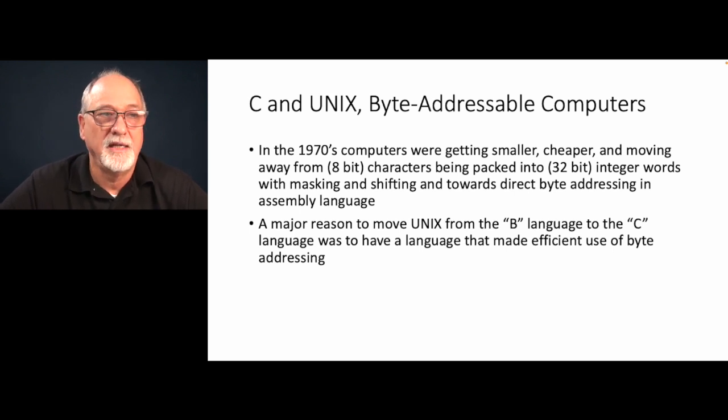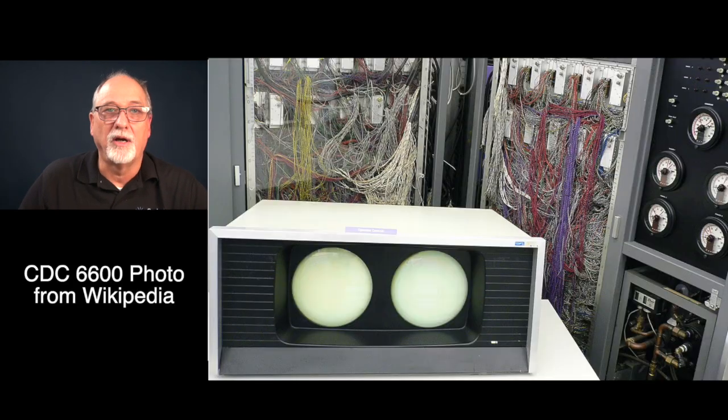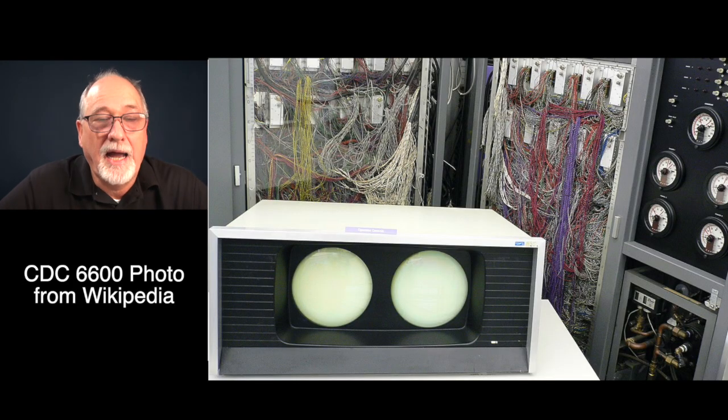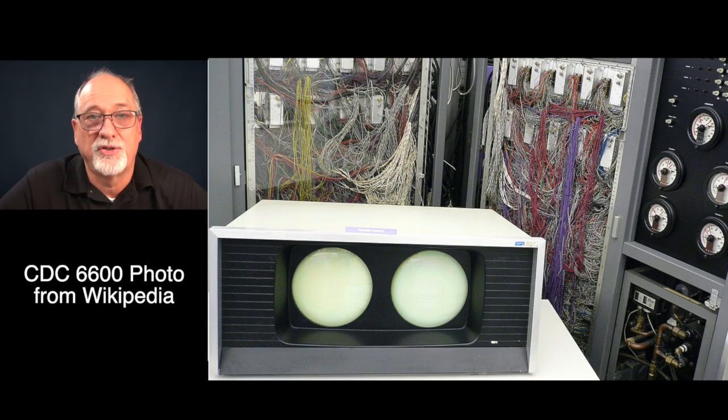So C said, we're going to do byte addressing. Take a look at the way I had to do character support in a CDC 6500, which is the computer I was using in 1975, 1976. It was a scientific computer. It barely cared about printing characters. It didn't even have lowercase.